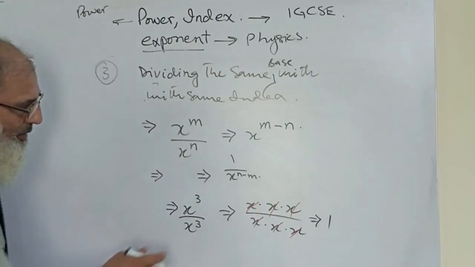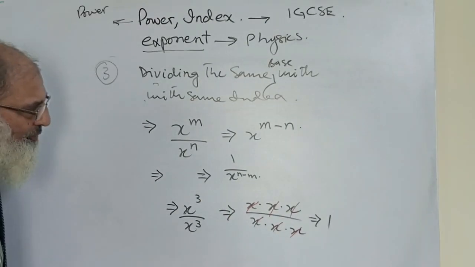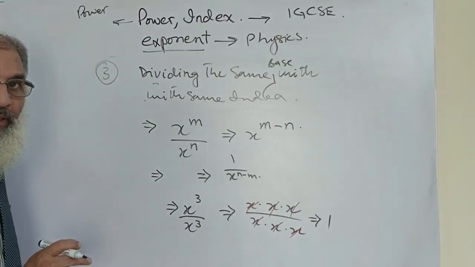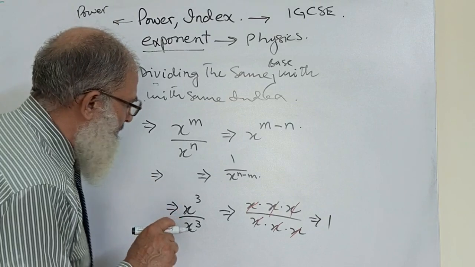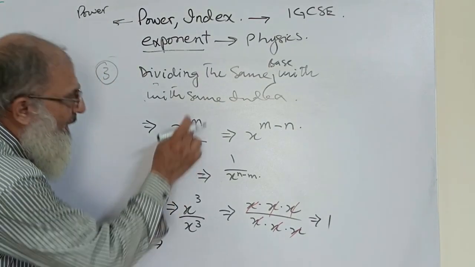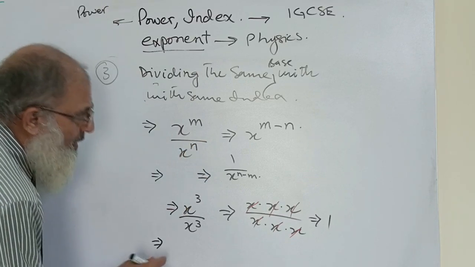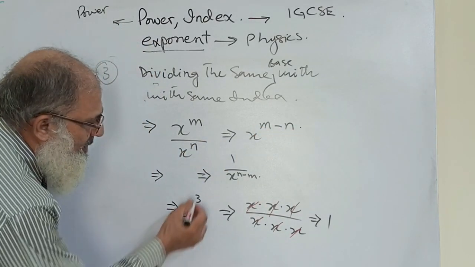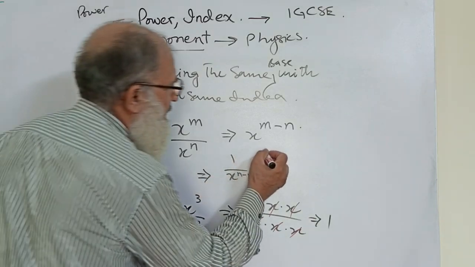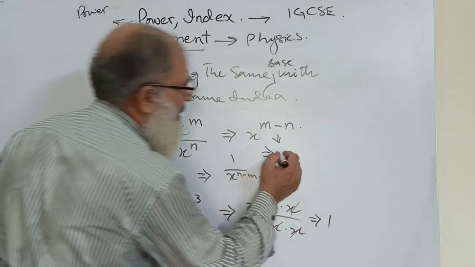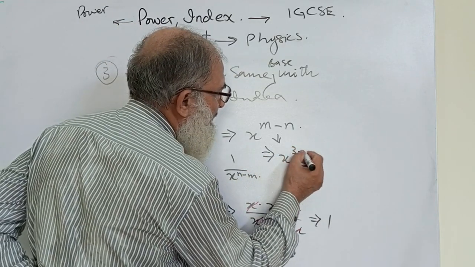Okay. Now what has happened over here? That m and n bear the same number. So if m and n are the same, like this, we'll write this as x^(3-3).